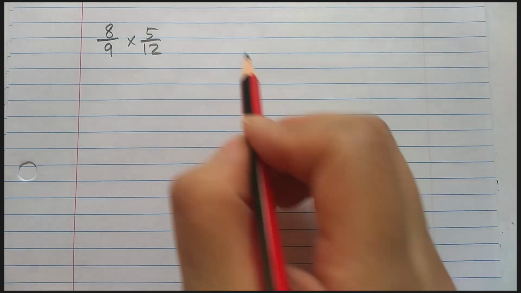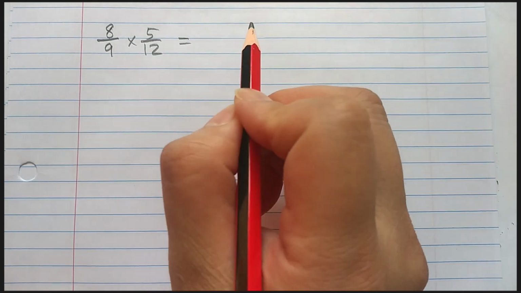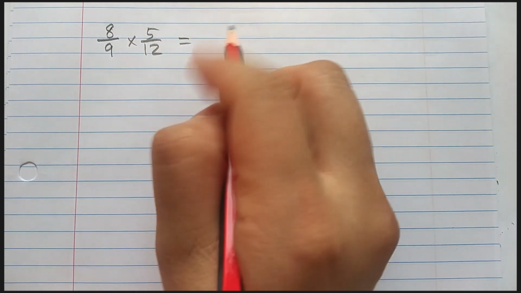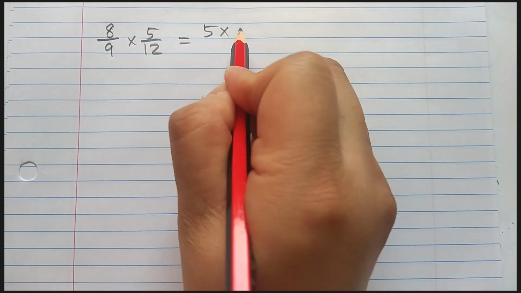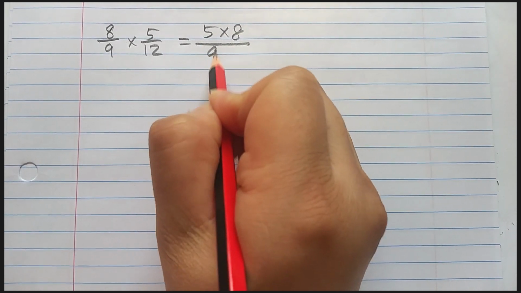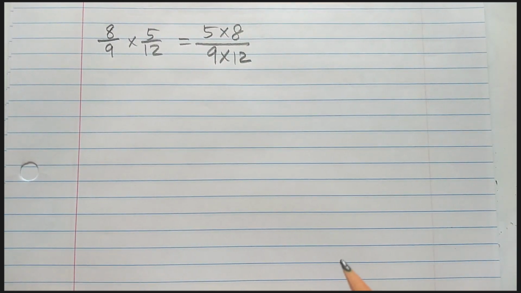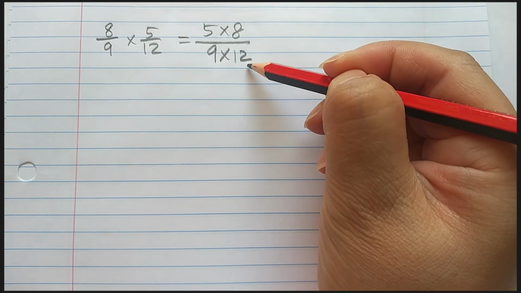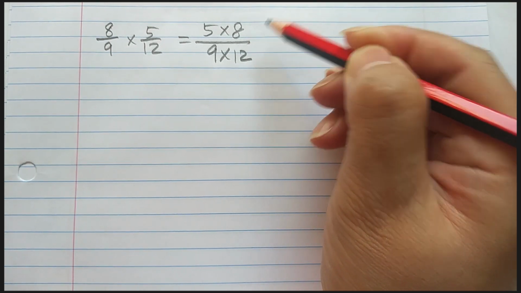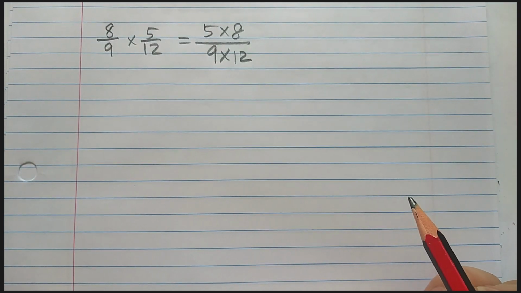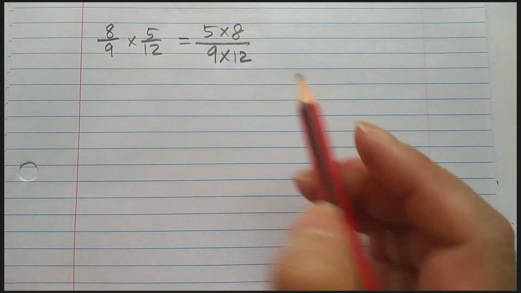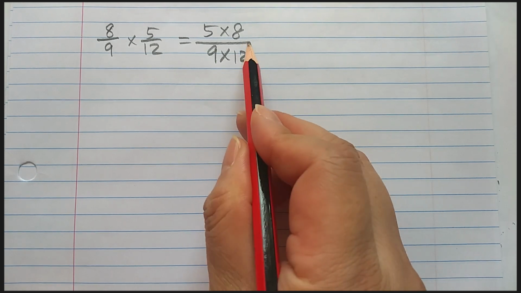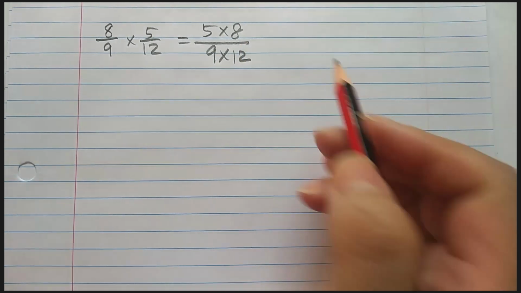8 over 9 times 5 over 12. Instead of 8 times 5, let's switch the place. 5 times 8 over 9 times 12. 8 over 12 looks like these can be reduced. That's where the greatest common factor comes in. The greatest common factor of 8 and 12 is 4.